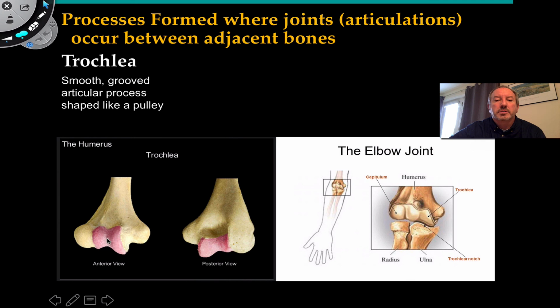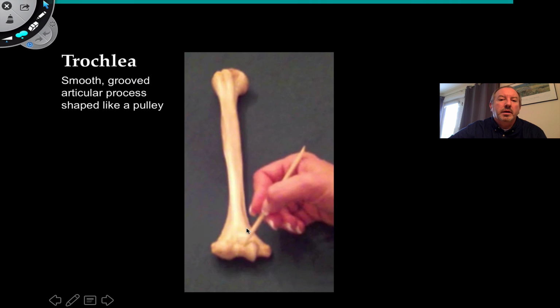So this little ridge right in here and right over here. Here you're looking again at the anterior view. This is the distal end of the humerus, and you can see it right in here, this smooth grooved area right in there.